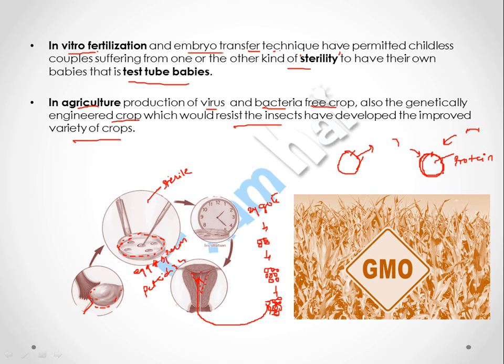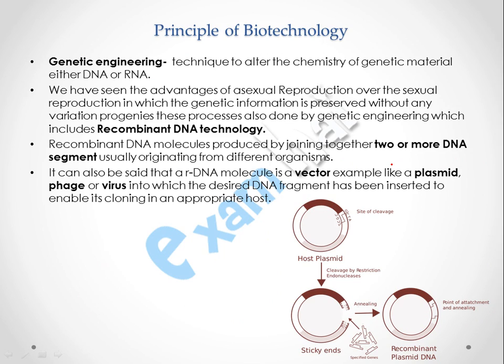So when the plant DNA starts producing this protein, which is very harmful for bacteria, viruses and insects, then when the bacteria, virus or insect attacks the crop, they will literally die by themselves. Okay, so this is what happens with the help of recombinant DNA technology. So this is the basic introduction.